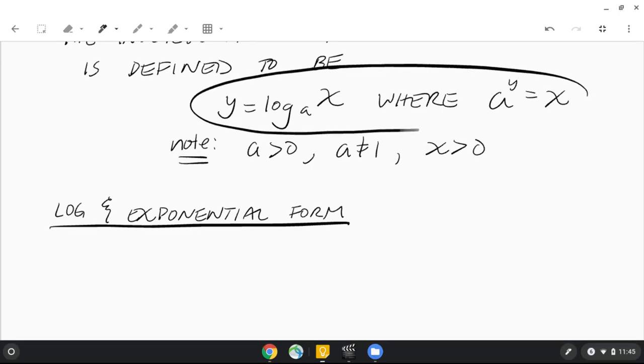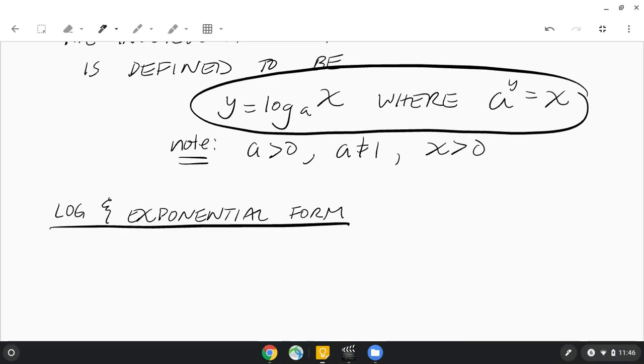So let's have a closer look at these. In the log equation, we have the letters y, a, and x. And if you look over here, in the exponential form, we also have the letters a, y, and x. So you should be able to go back and forth from one form to the other.